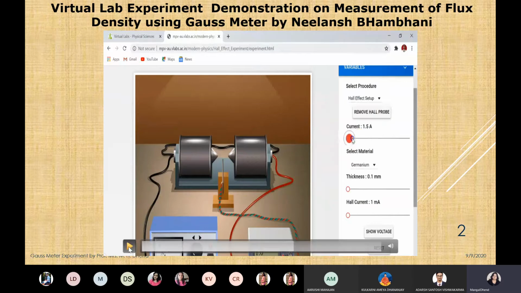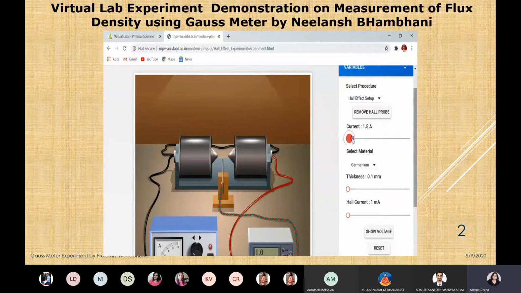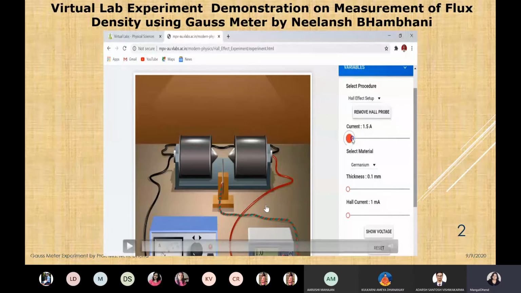Now select the current. Students, try whether you can insert that Hall probe. Here the experiment is given as charge carrier density, but as per our syllabus, experiment number 11 is to measure flux density. Okay, so we'll use this same setup for measuring it. Principle and everything is the same. So just try whether you can move this probe and insert it in the magnetic flux density or not.